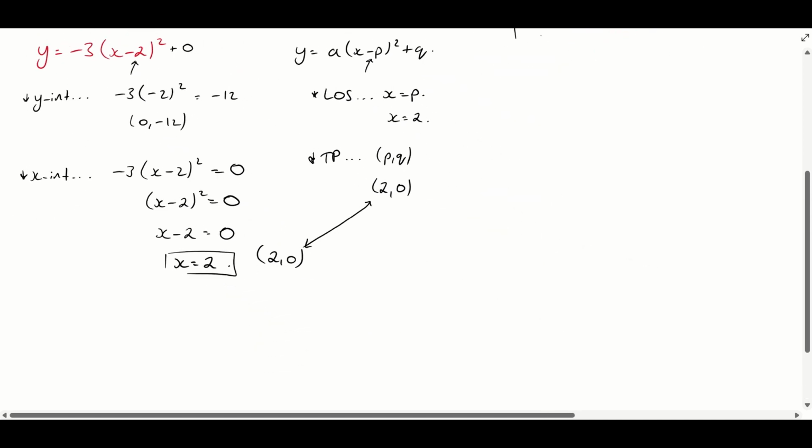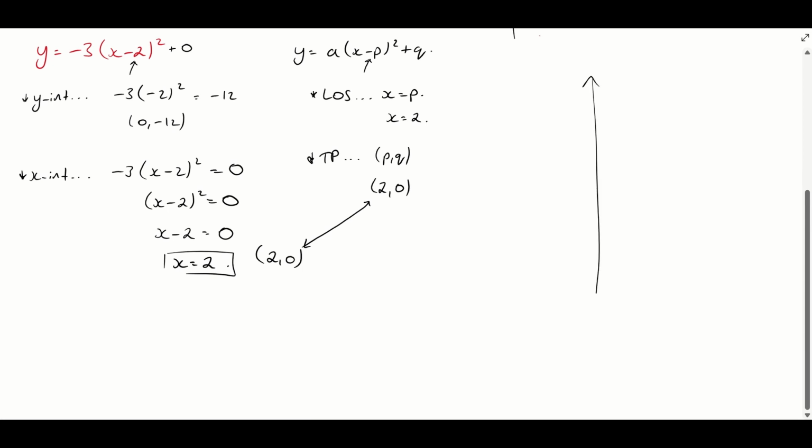So to visualize this, if I plot this over here on the right of the screen, we have ourselves a y-intercept at 0, minus 12, so we're all the way down here. And then we have one root at 2 comma 0, so that's going to be there. And then we have our line of symmetry and our turning point.